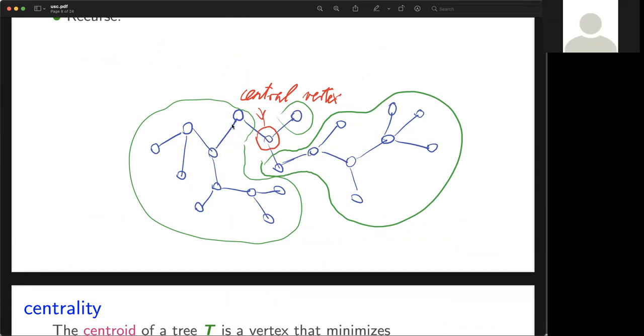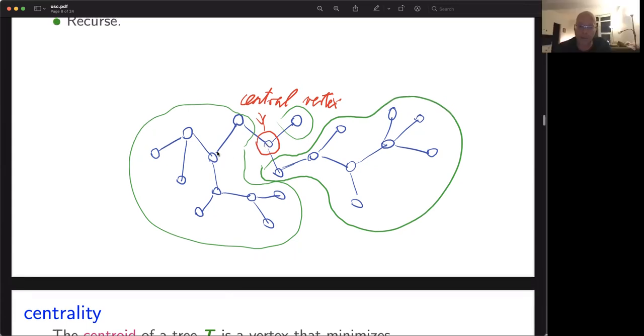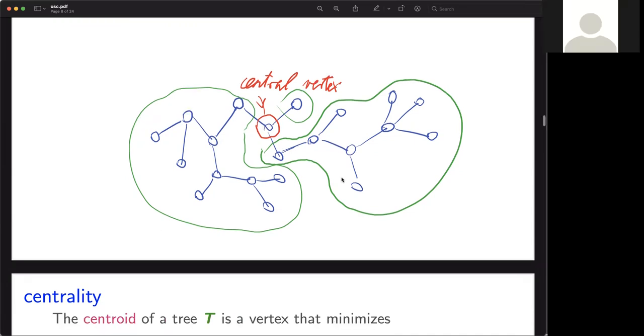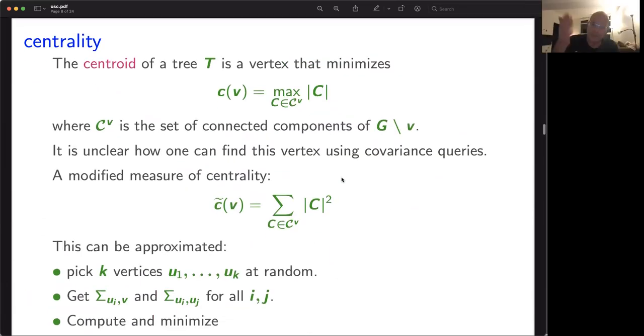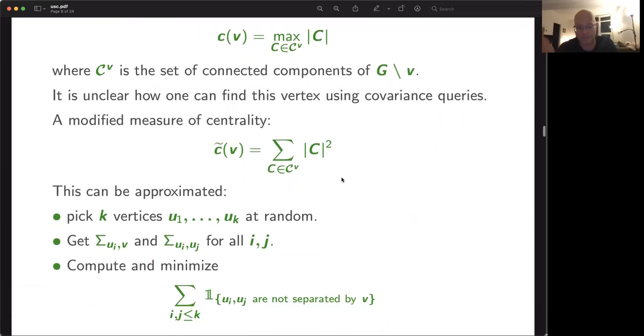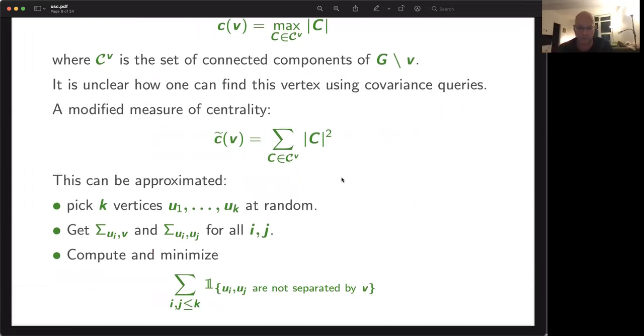So that requires an algorithm to do it. We have to ask the oracle what's the covariance between this vertex and the pivotal vertex, what's the covariance between this other vertex and the pivotal vertex, and what's the covariance between these two vertices. So only 3 questions.